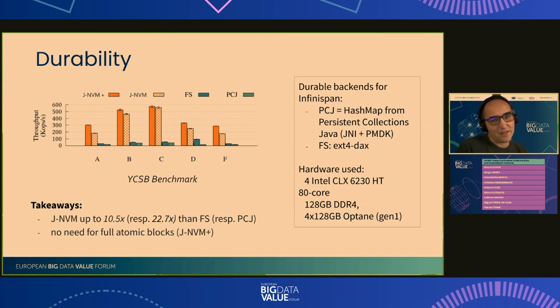So the other big part of the research that we did was integrate the new Optane NVM non-volatile memory, also known as persistent memory storage, that gives RAM-like performance, but also SSD-like persistence.